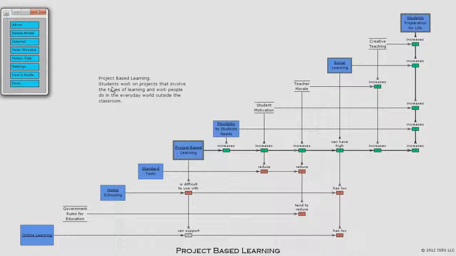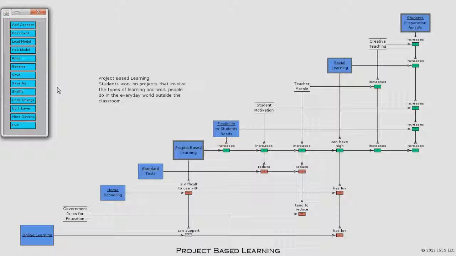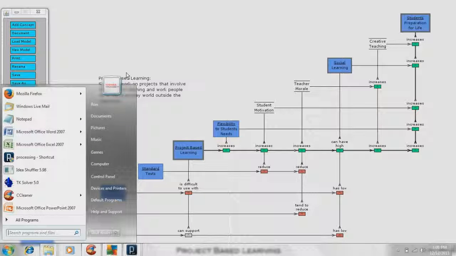Now we will go back to the main user input window. A couple of more things you can do. Press Control Escape to access the Windows taskbar so you can go to other applications without exiting the Idea Shuffler.